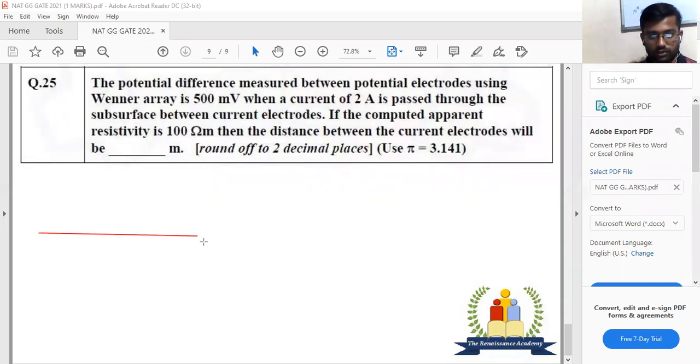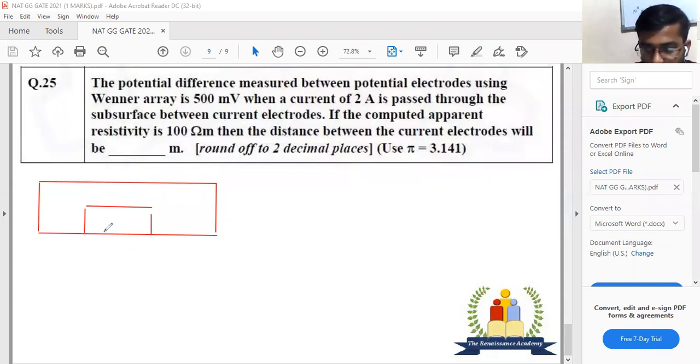Again, first we need to draw a diagram of Wenner's array.